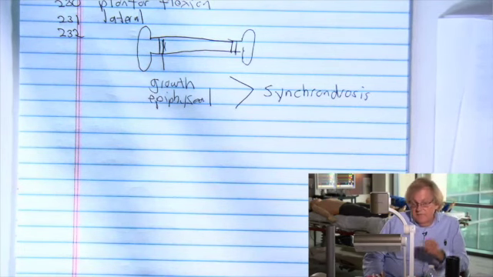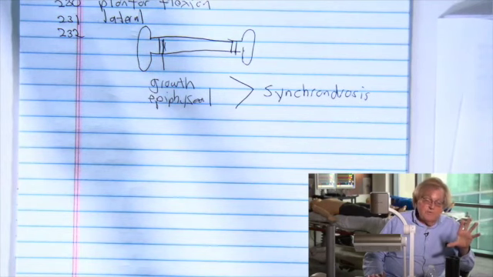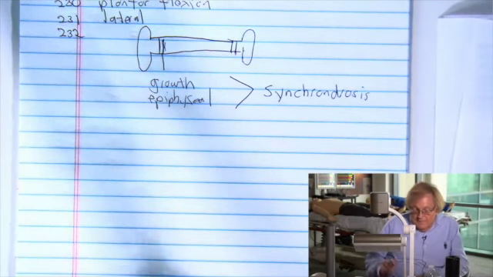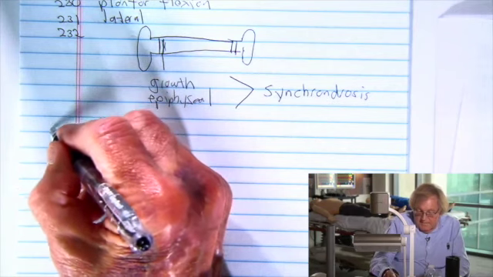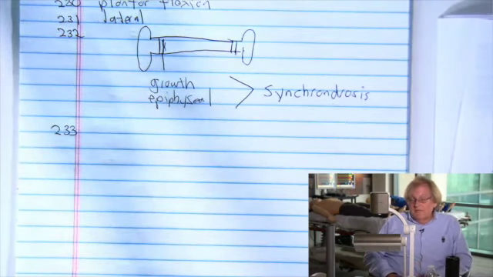Again, because there's a little bit of flexion in someone under the age of 15. So those synchondrotic temporary joints are generally gone by the age of 15 or 16. But they're also something to carefully watch in an injury.